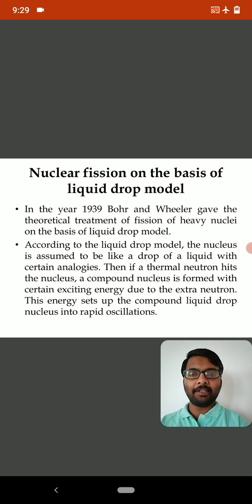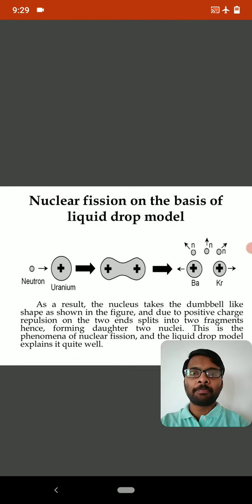This excitation energy sets the compound liquid drop nucleus into rapid oscillations. When extra energy is added to the target nucleus, a compound nucleus is formed, and that extra energy sets it into oscillations.